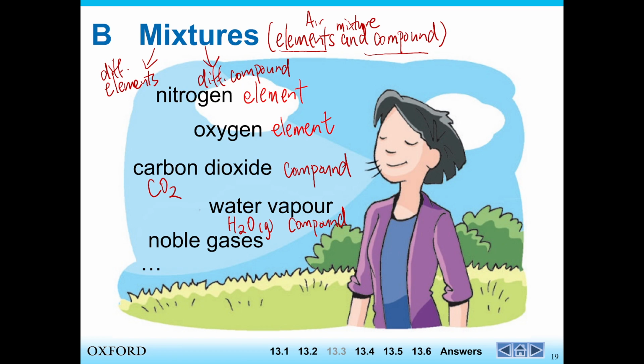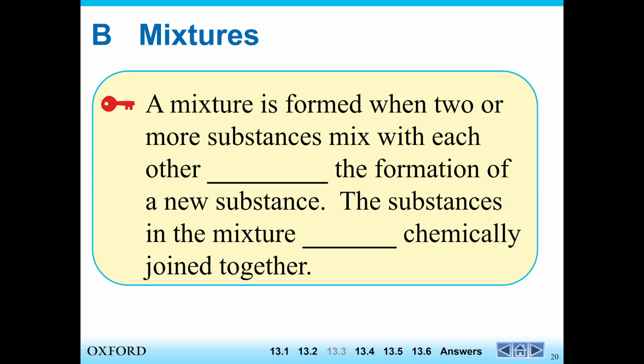Later on we'll see some examples of this, don't worry. So a mixture is formed when two or more substances mix with each other, remember, without forming a new substance. The substances in the mixture are not chemically joined together.